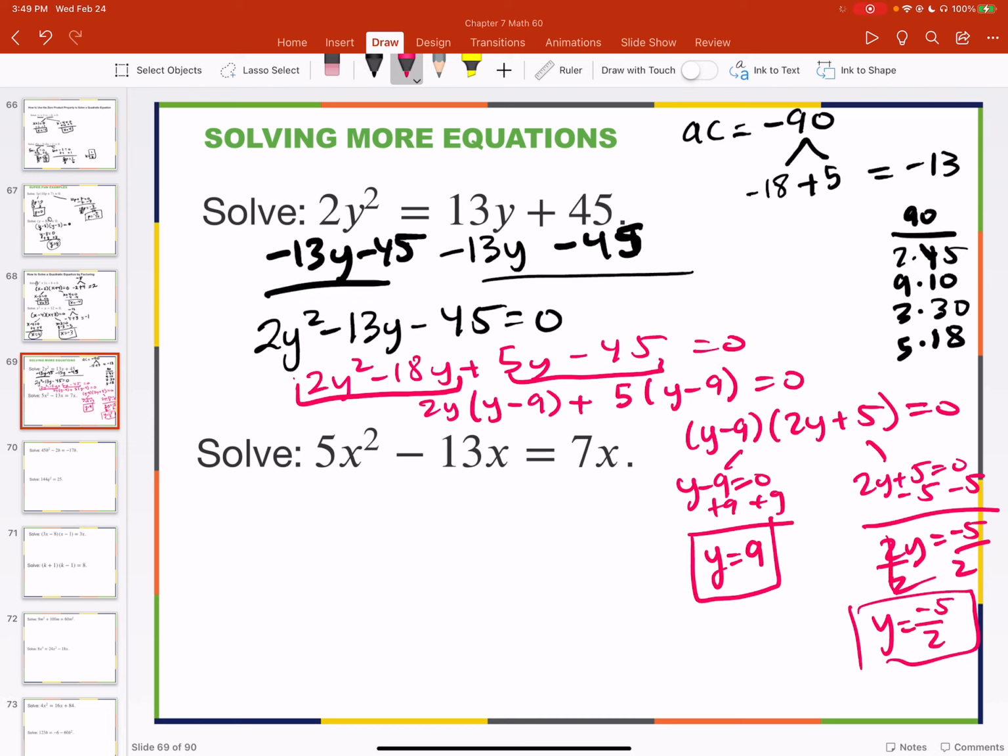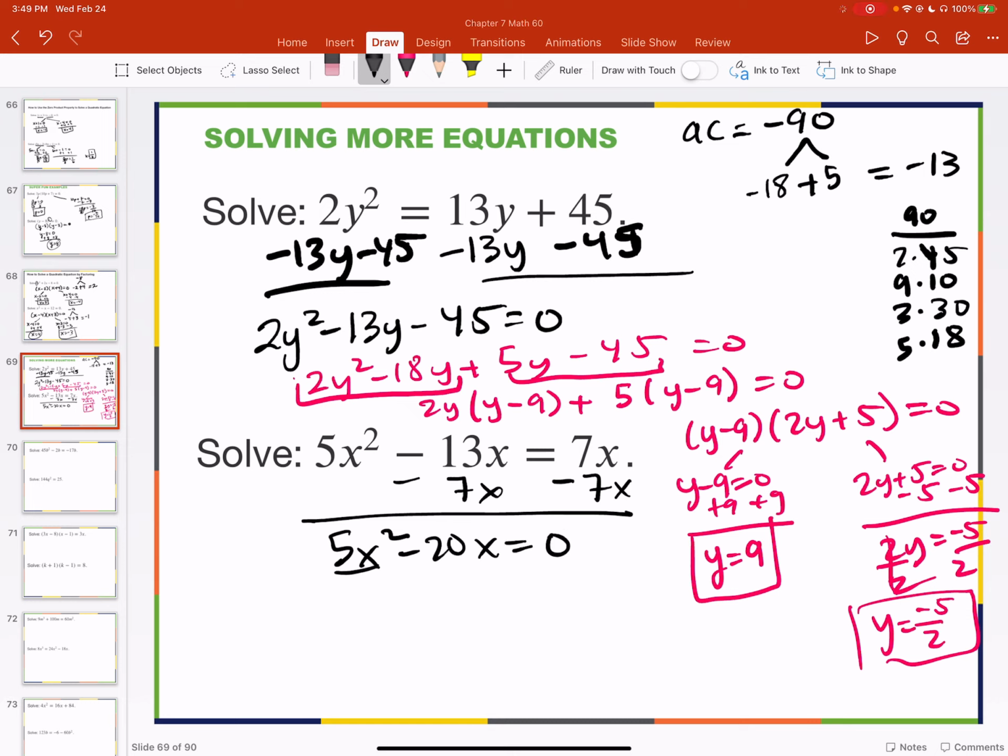So what about this next one? We have 5x squared minus 13x is equal to 7x. We need to set it equal to 0, so subtract 7x from both sides and we get 5x squared minus 20x equal to 0. GCF 5x leaves us with x minus 4 equal to 0.